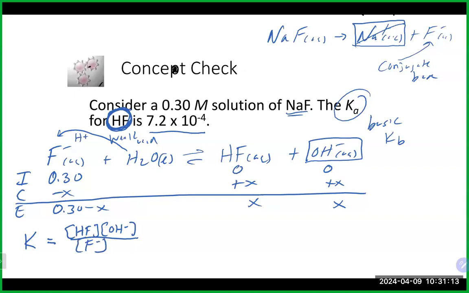And as you just correctly told me, this is a KB value. So we probably need to calculate the KB value here. So this is where we can use Kw equals Ka times Kb. That means that the Kb value will be our 1 times 10 to the minus 14, which is our Kw, divided by our Ka value of 7.2 times 10 to the minus 4.